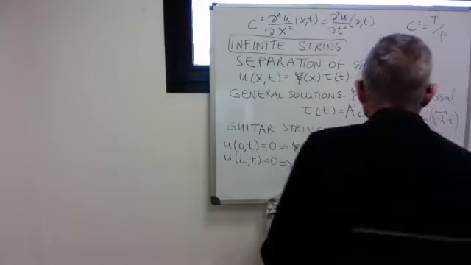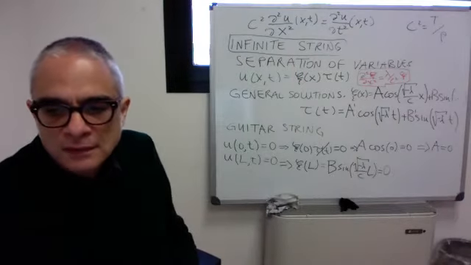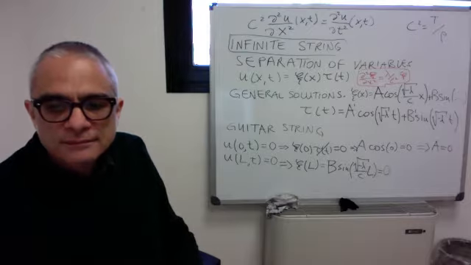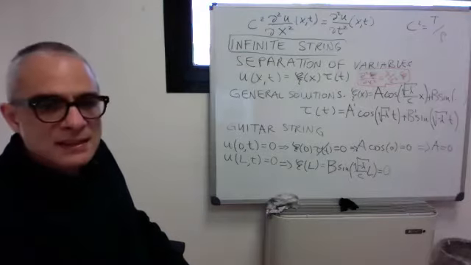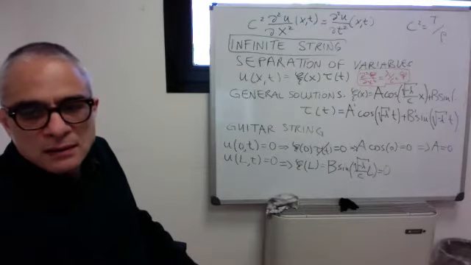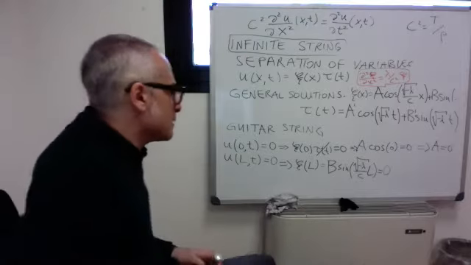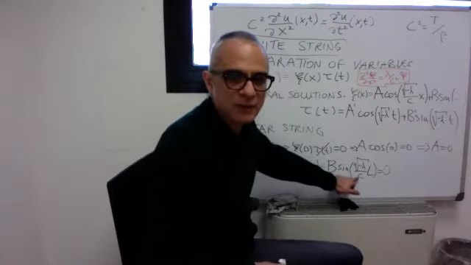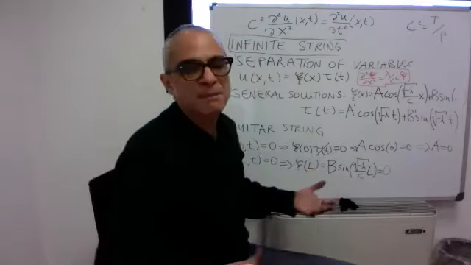This is actually kind of interesting, because it doesn't give me any information about b, but it does give me information about lambda. Of course, I could say b equals 0.